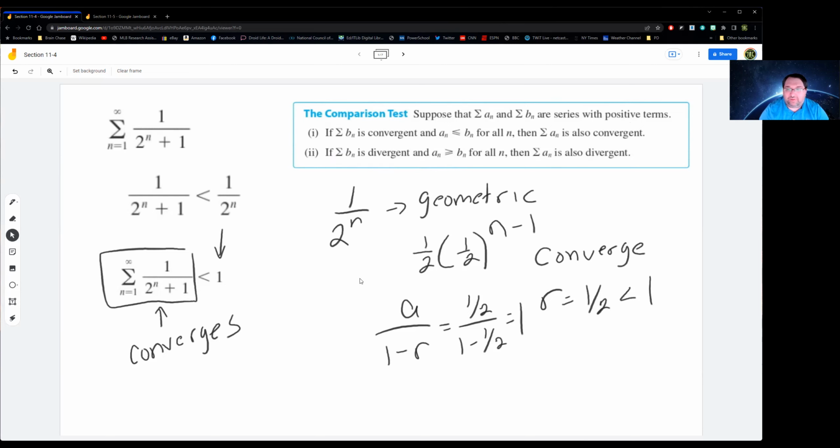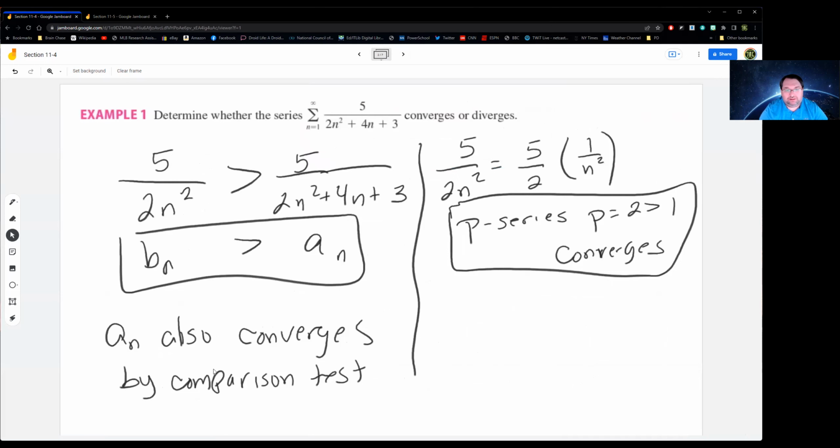That's why when we did it, we looked at both pieces. We had to figure out if BN was convergent or divergent, and then we had to look at the direction of the comparison. And then we were able to say if it was convergent or divergent. So in this one, my BN is convergent and my AN is less than my BN. So therefore, AN is also convergent.